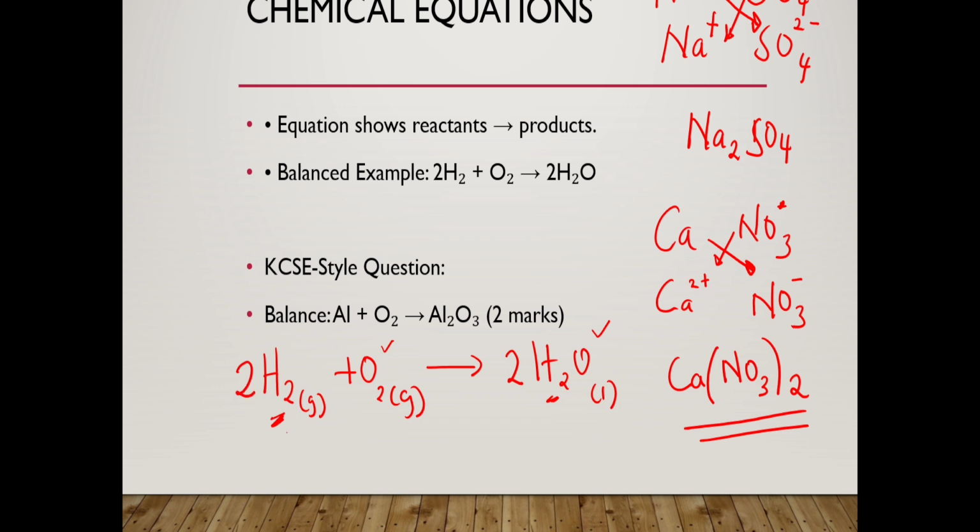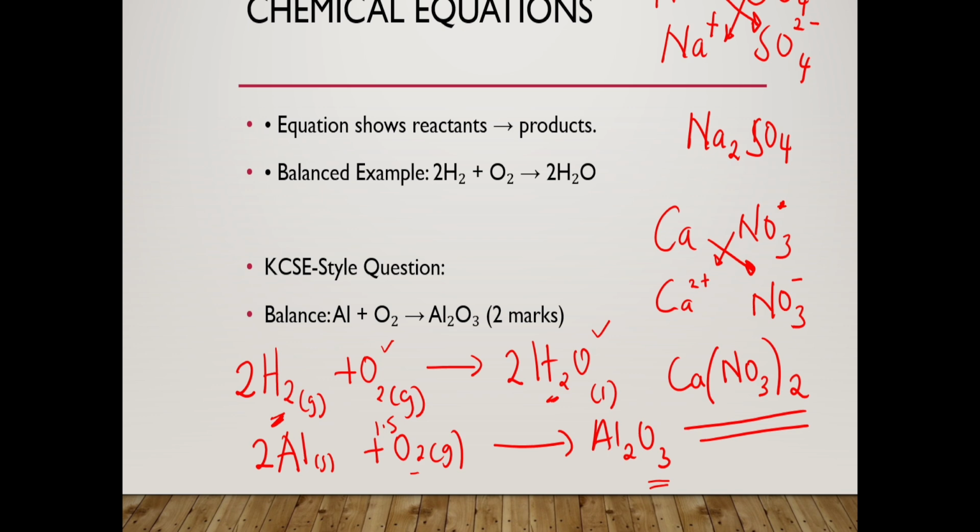Now let's take an example, the question that you see below: aluminium and oxygen gives aluminium oxide. So aluminium is 2, oxygen is 3. Let's put 2 here. But now when you put 2, aluminium will be 2, but oxygen doesn't balance. Oxygen is 2 and oxygen is 3. Now what if we write 1.5?